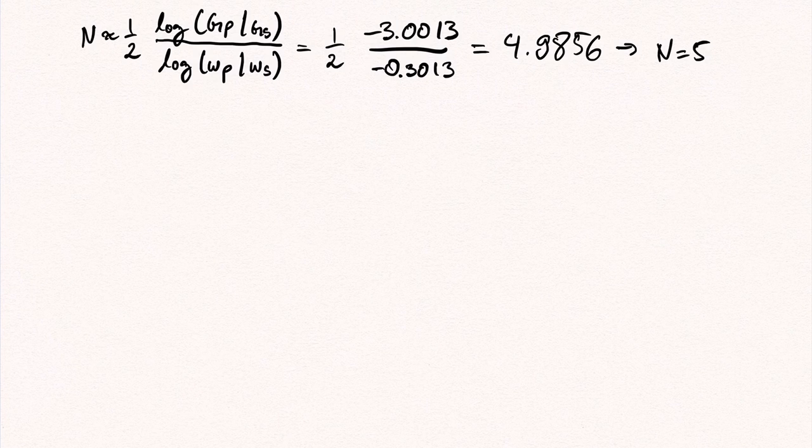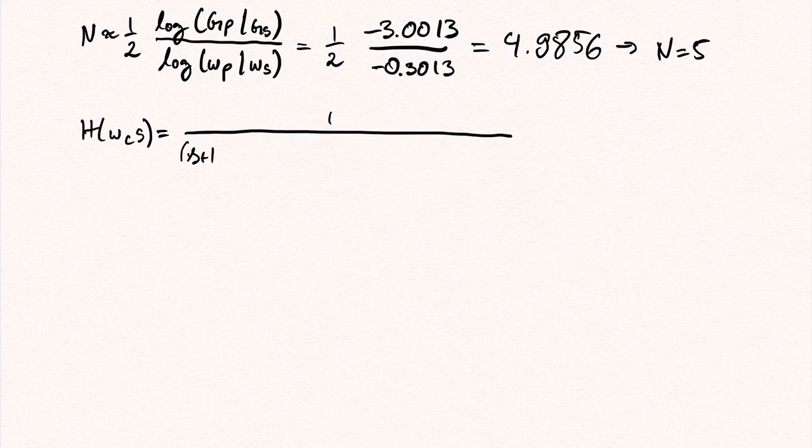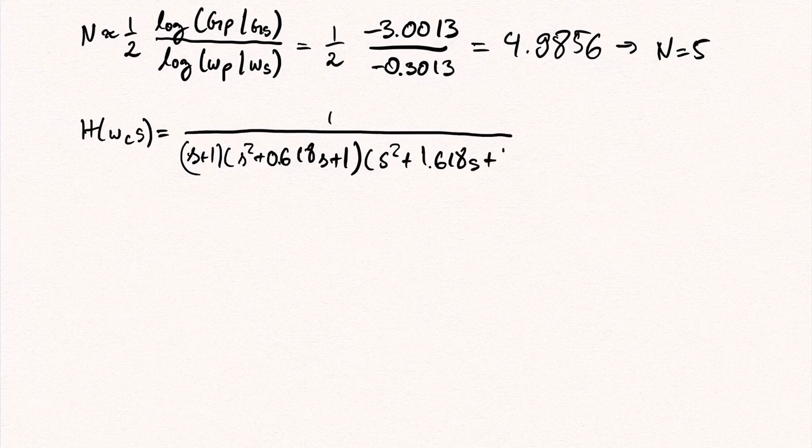The transfer function of the Butterworth filter of order 5 in normalized s is given by H of s equals 1 divided by (s plus 1) times (s squared plus 0.618s plus 1) times (s squared plus 1.618s plus 1). Because the passband ripples are allowed to be up to minus 3 dB, omega p is equivalent to omega c here, equal to 2000 pi radians per second.